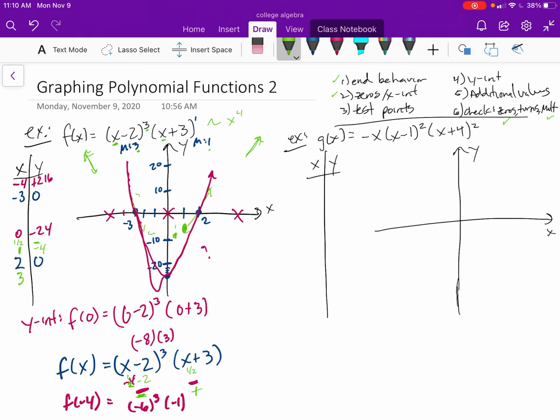If we did 3, that would be only 6, so 3 is not terrible. Somewhere right here. If I did negative 1, that would be negative 3 to the third, negative 27, times 2, so negative 54.